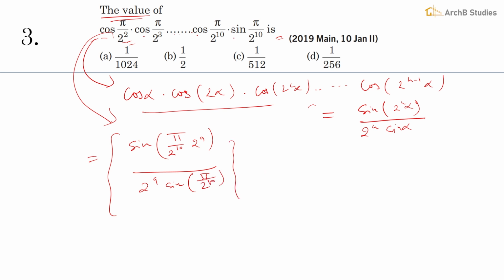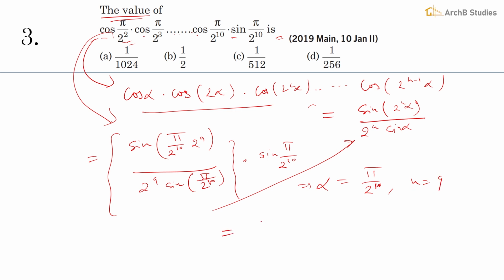This is multiplied by sine pi upon 2 to the power 10. If we compare this and this, we will get that alpha is equal to pi upon 2 to the power 10 and n is equal to 9.